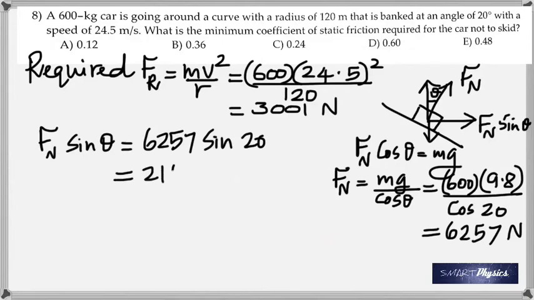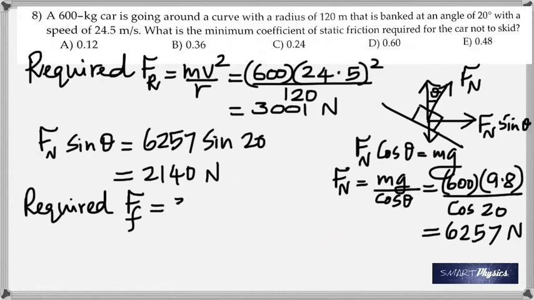So banking provides us with 2140 newtons, which is not enough. Look at this. Actually, you need 3001 newtons for the car to go around the curve, but you only get 2140 out of the banking. Therefore, the remaining force must come from friction.